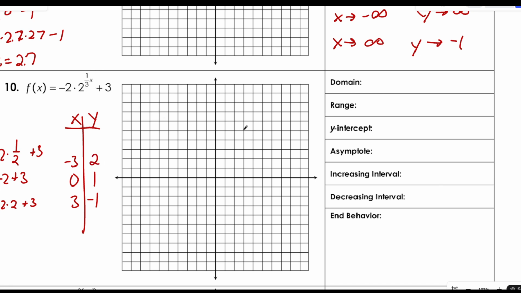All right. I should have some kind of asymptote here. I don't know where it's going to be. Let's see if I plug in a really big negative number. So I go negative 9. Negative 9 times 1/3 is negative 3. So there I get 1 over 8.